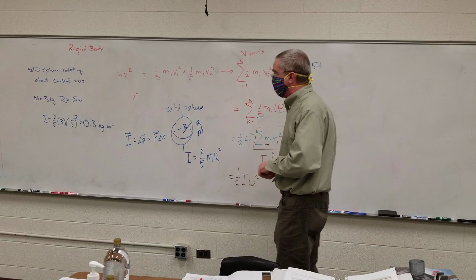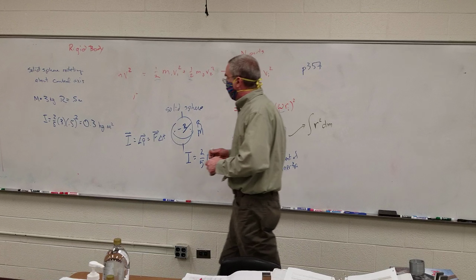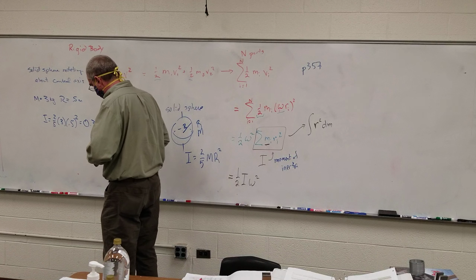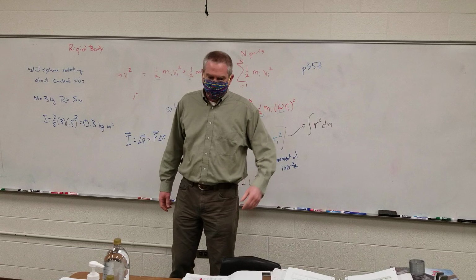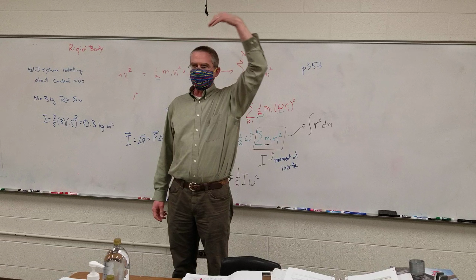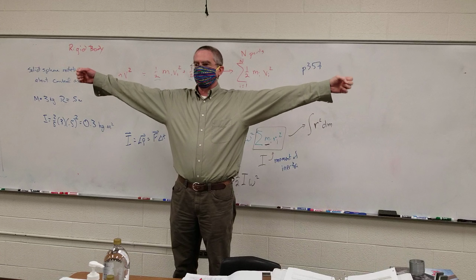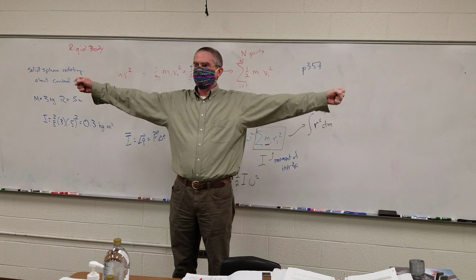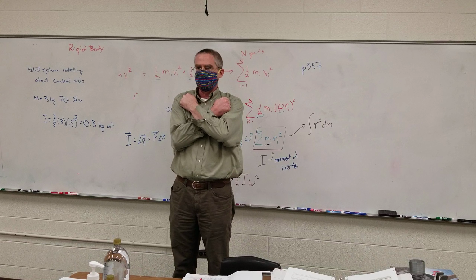One other math piece I need to do is, well, let's just do it in terms of this. If my axis of rotation is the center of me, think about what is my moment of inertia like this versus moment of inertia like this. Which one would have a greater moment of inertia?